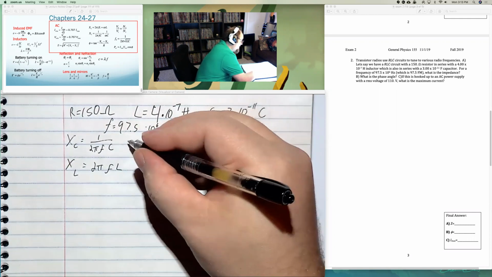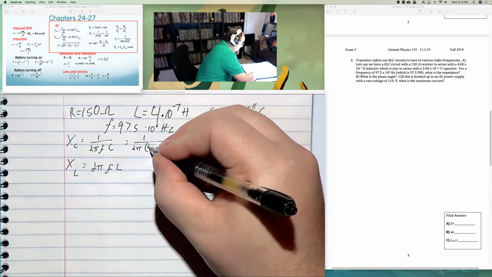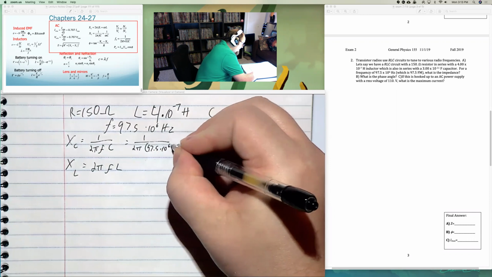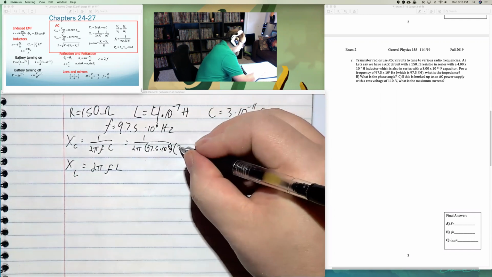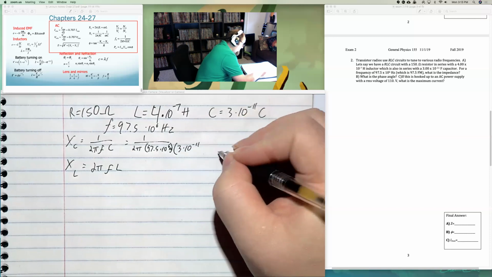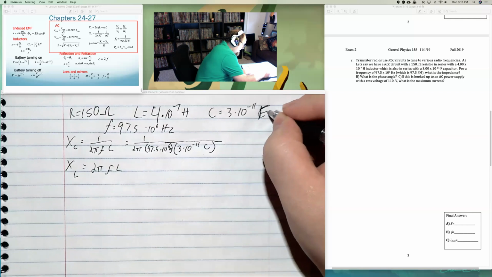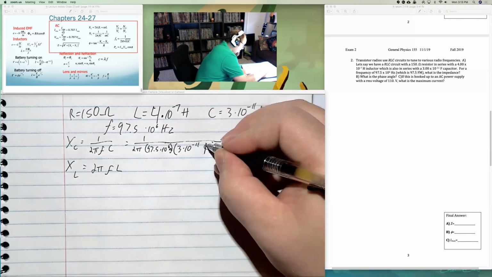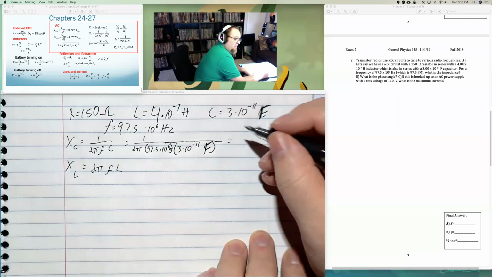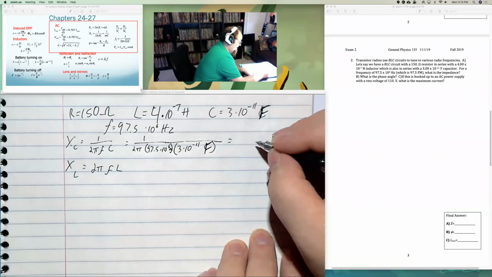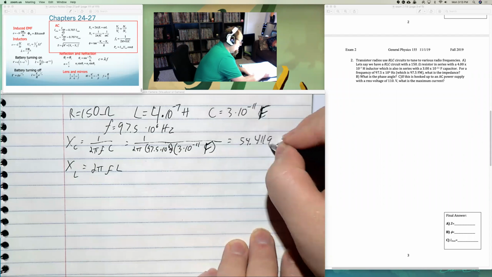For each, I'll just plug in. X of C is 1 over 2 pi times 97.5 times 10 to the 6 hertz times 3 times 10 to the negative 11 farads. I don't know why I put a C there, because I was thinking capacitors. This is farads. And I can do that math. 1 divided by that entire mess is 54.4119 ohms.